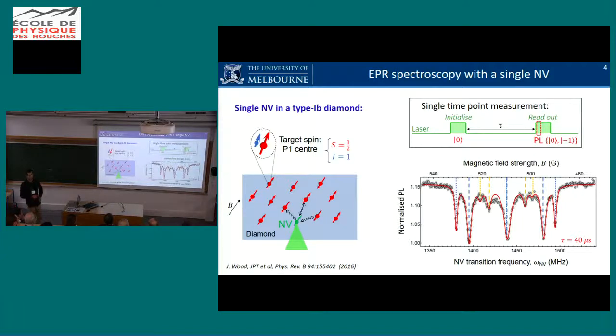We don't measure the full T1 curve, we just pick a given tau time. So we initialize with a laser pulse, we wait for tau, and we read out. And this graph here shows the PL readout as a function of the magnetic field strength, or equivalently the NV transition frequency. And we obtain this characteristic P1 spectrum that comes from the hyperfine interaction with the nuclear spin of the nitrogen.